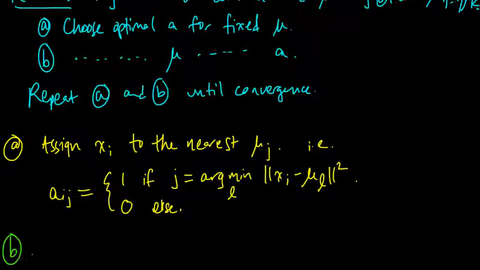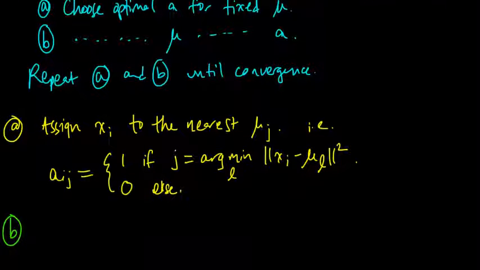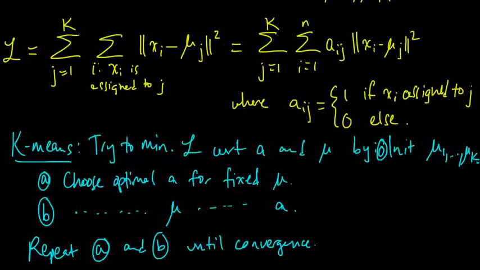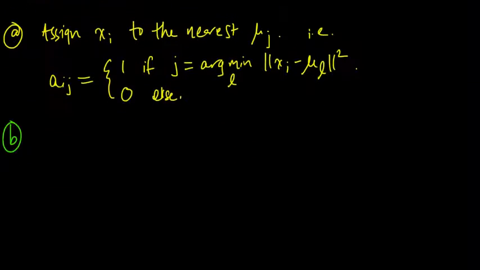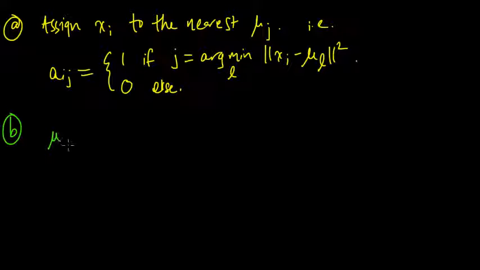That's simple enough. And what about B? It turns out it's easy to differentiate this thing. I won't go through it now, but it's a simple exercise to work out, if you're interested. If you minimize this with respect to each of the coordinates of each of these mu's, what you get is you choose mu j to be 1 over, well, I'll put it in terms of the a's.